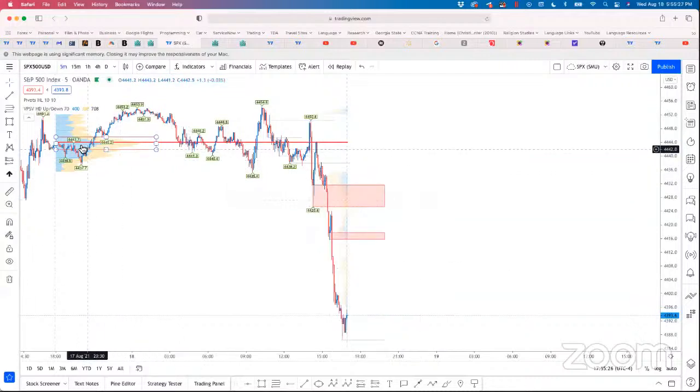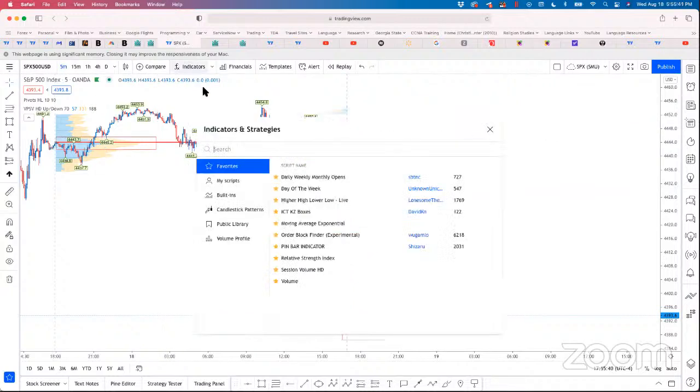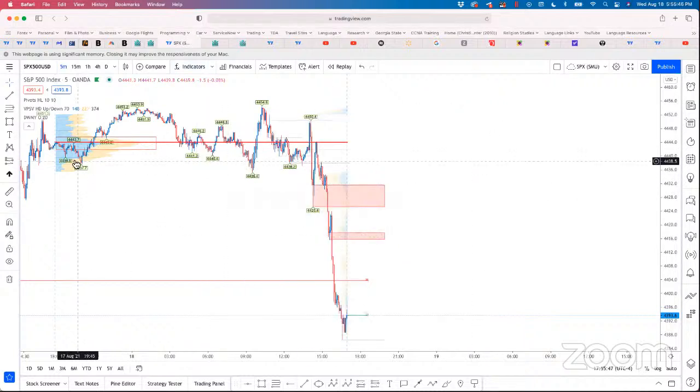This yellow and blue represents the number of orders coming in right here. Then we can throw on the daily opening price indicator. At the time, it was right around here, inside of this node, and we had the point of control below price.